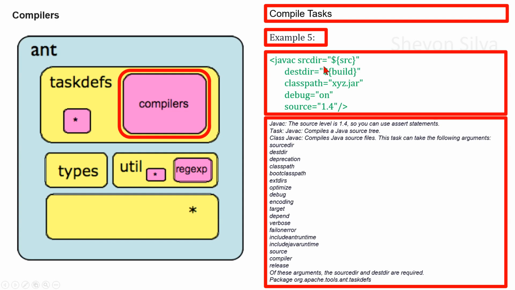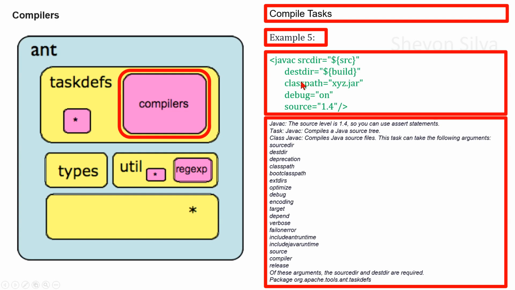Here compile all .java files under the src directory and store the .class files in the destdir, the build directory.